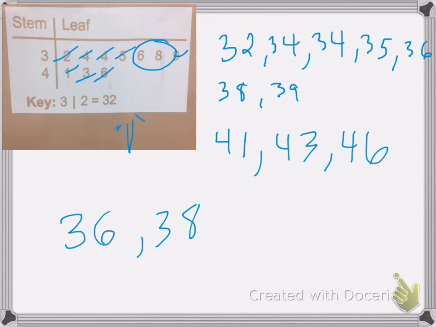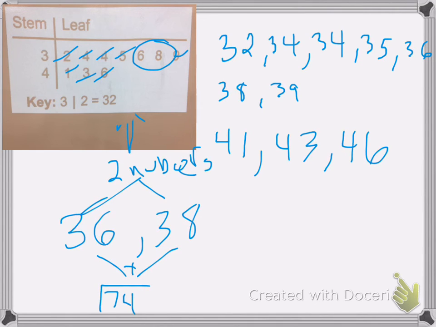If I'm finding the median, I'd have to add those together, and then divide by however many I had in my set. In this set, there are only 2 numbers. So 36 plus 38, well, there's 60, 70, 74.